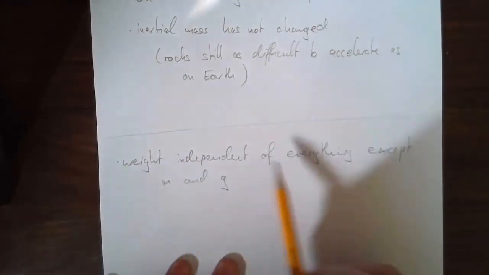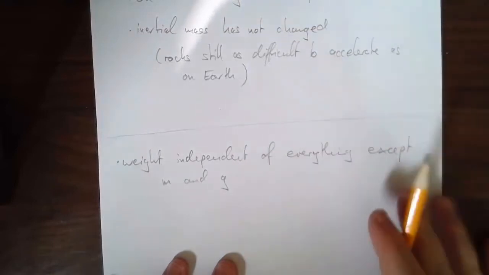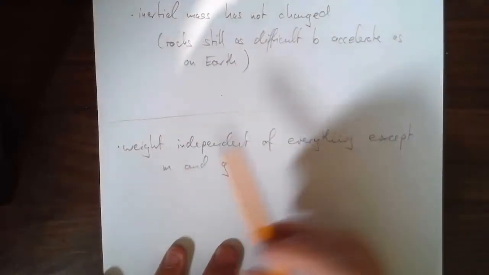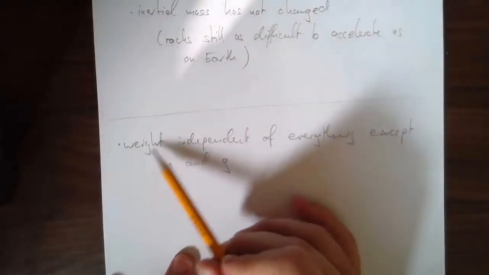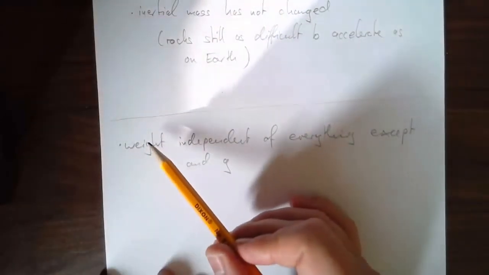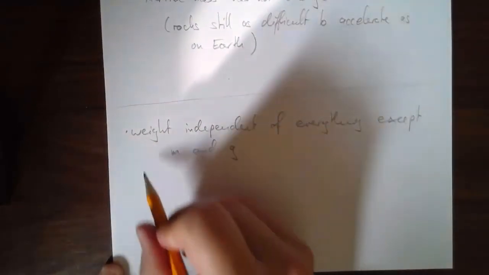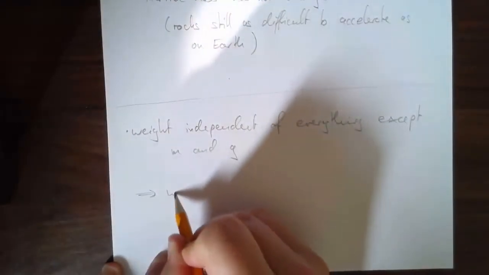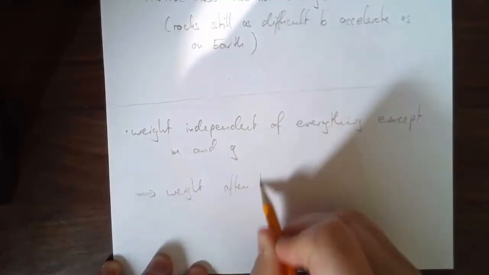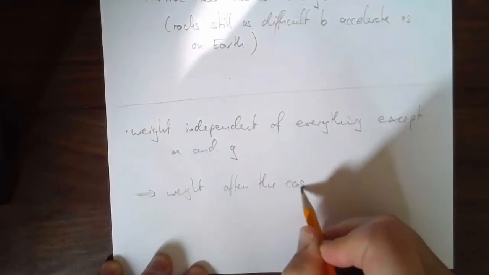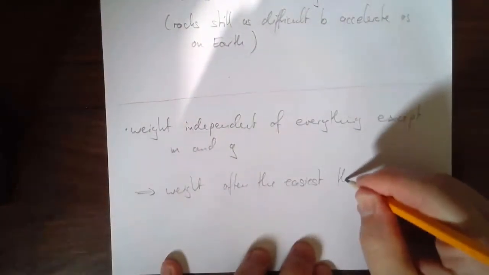Now, what that implies is that if you have some kind of problem, trying to solve some situation, lots of forces, trying to figure out what's going to happen next, well, the weight is usually the first thing you can just write down, because you know what it is. So that implies that weight is often the easiest thing to write down.